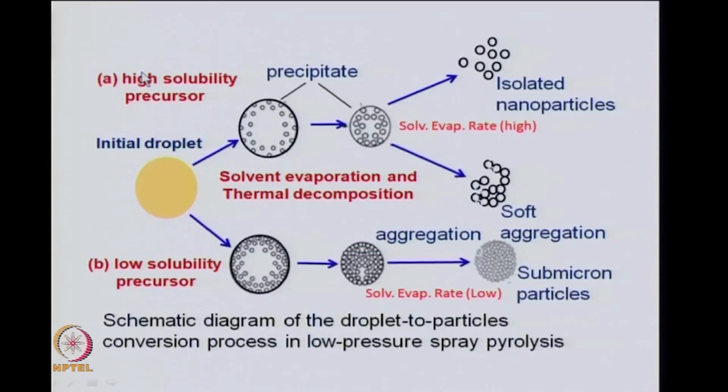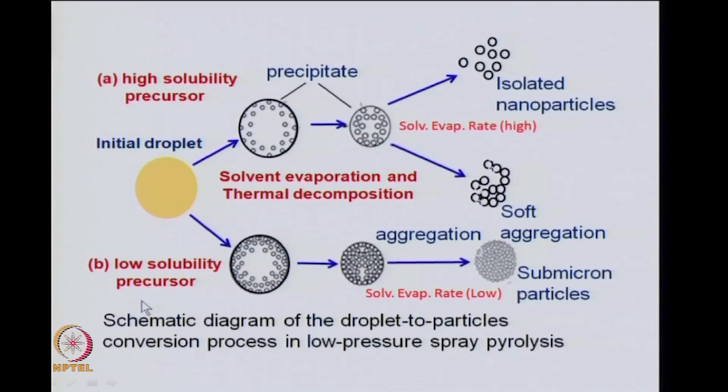So, there are two basic types of precursors that you can use: a high solubility precursor which will give you a very high solvent evaporation rate and ultimately give you isolated nanoparticles.